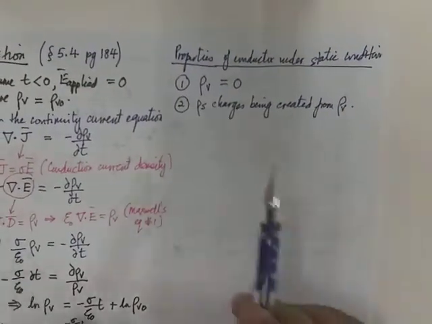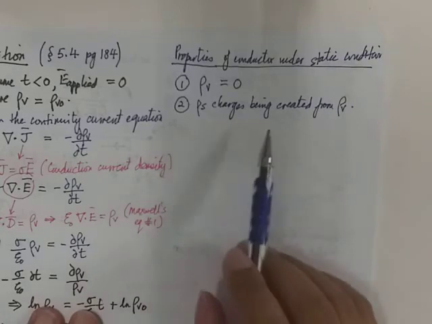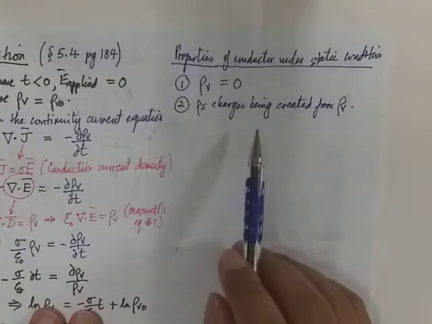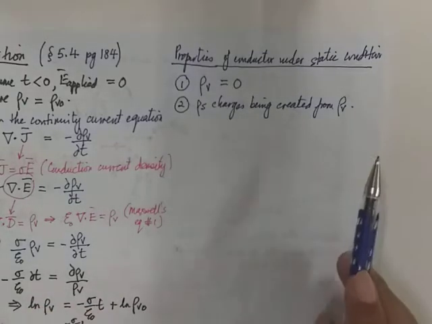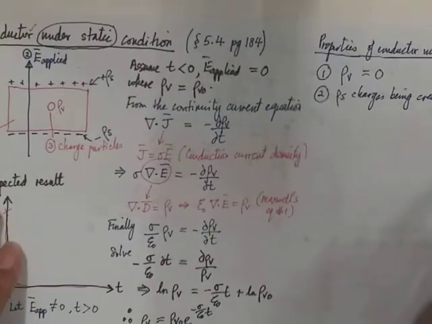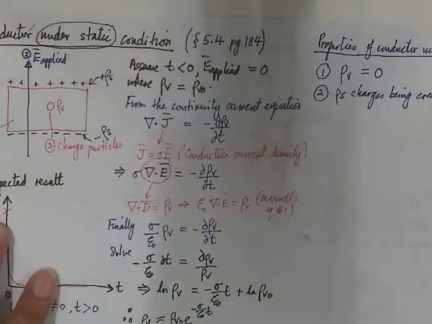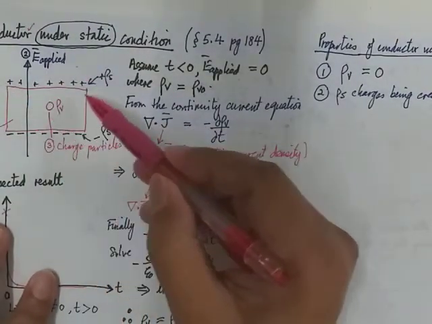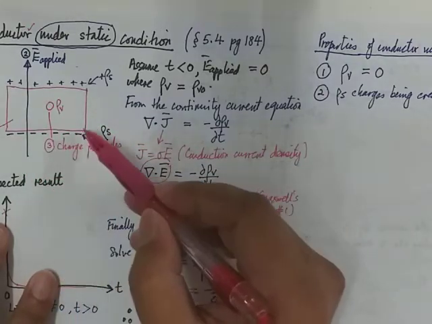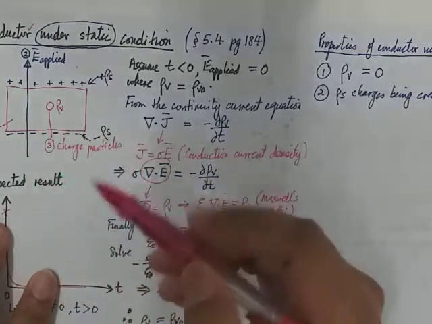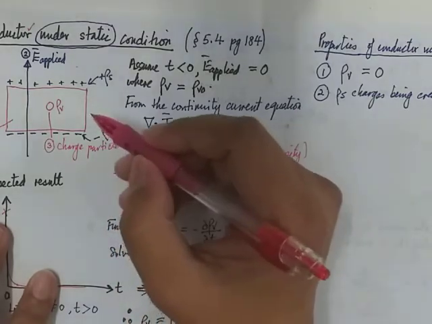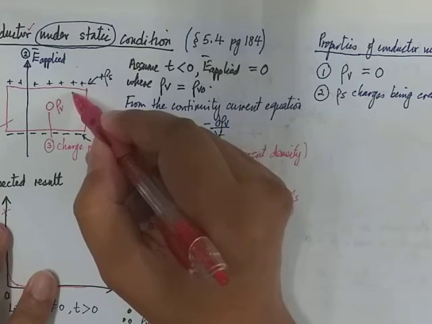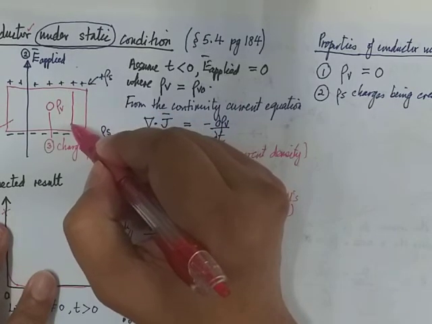So we are going to have surface charge on the boundary of the conductor medium. Where does this surface charge come from? From the volume charge. So what happens when you have a surface charge? This region is filled with positive rho s, and this lower region is filled with negative rho s. That configuration is going to introduce a new electric field, and this electric field always moves from positive to negative.